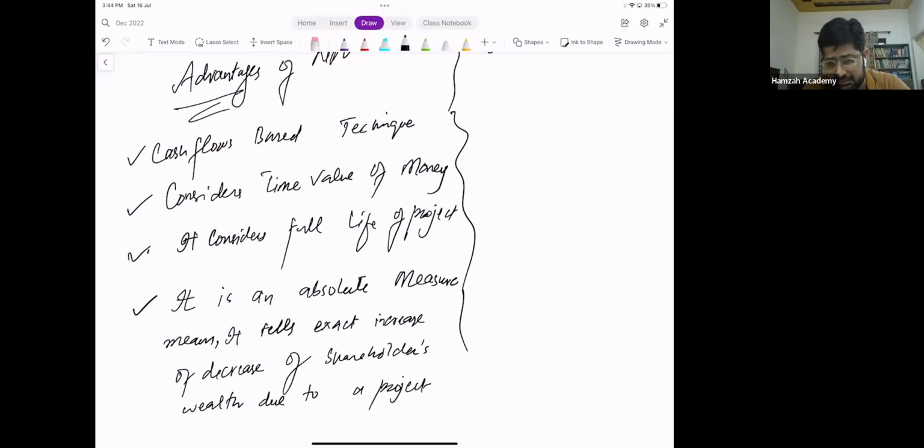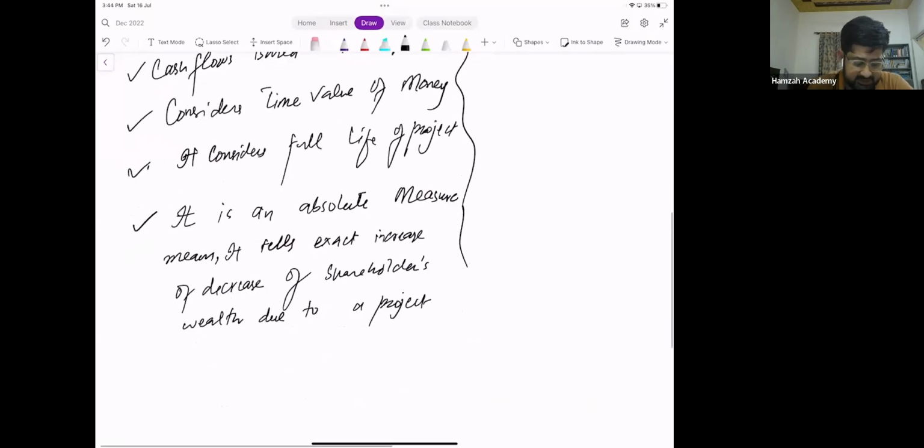Absolute measure means which is telling the exact impact.